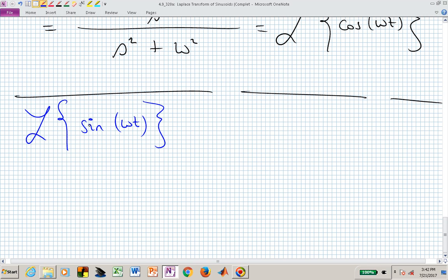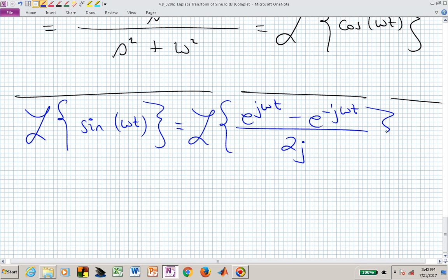tedious because now from Euler we know the sine written in terms of complex exponentials has a denominator of 2j, and the numerator is e to the j omega t minus e to the minus j omega t. Again, this is using Euler.